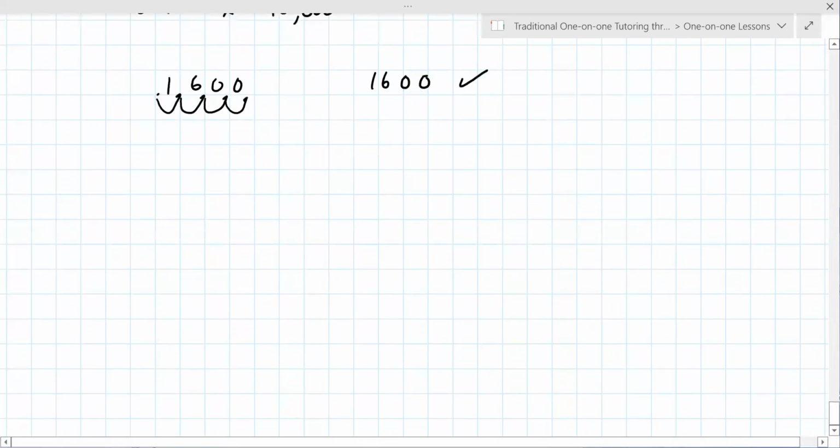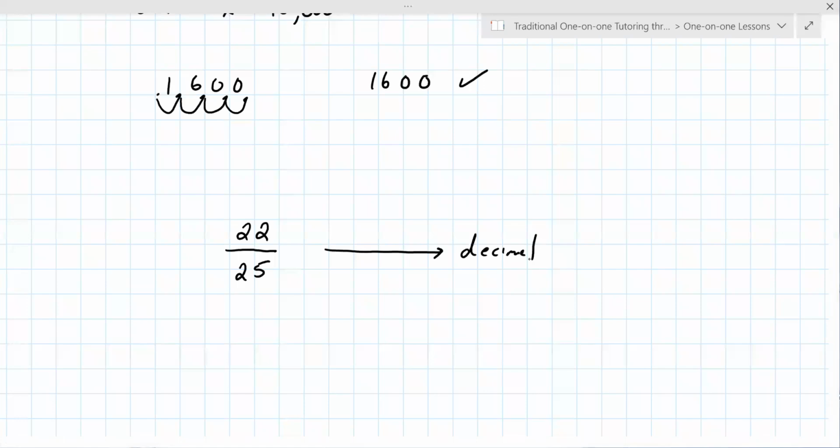All right. Now, let's say I give you a fraction like 22 out of 25, and I want you to convert this to a decimal. What are you going to do to make that happen? You multiply it by 4.